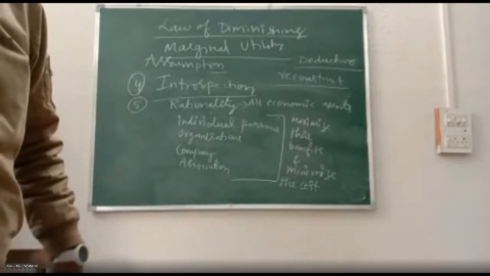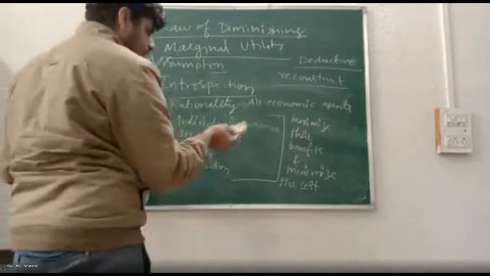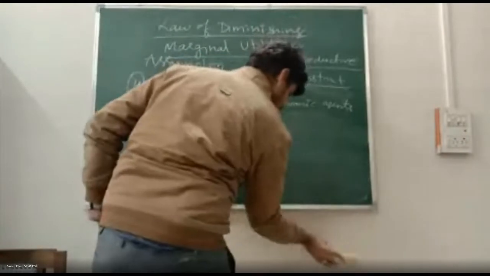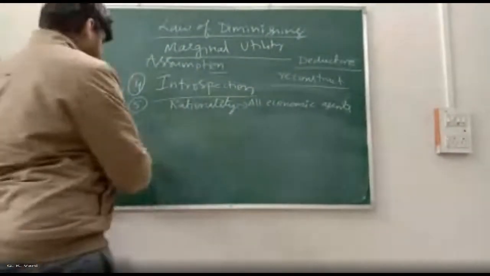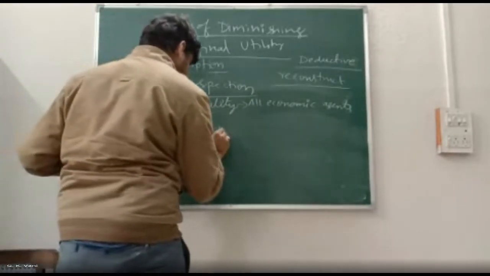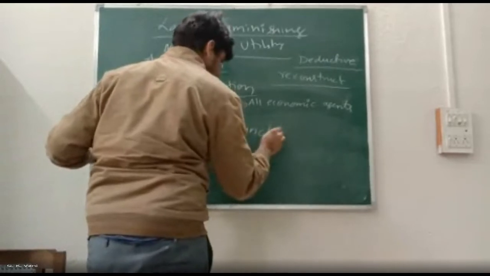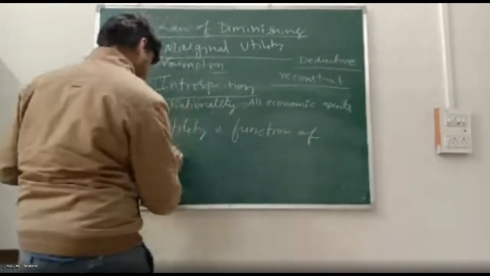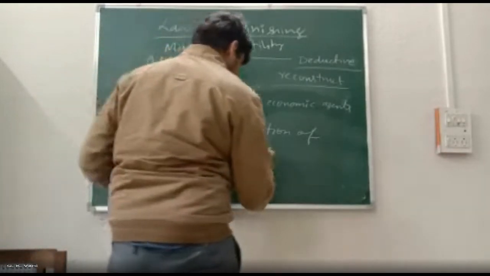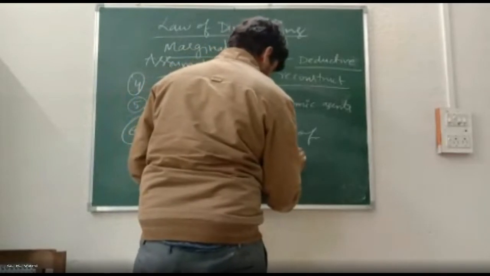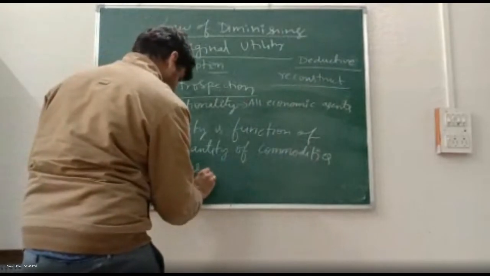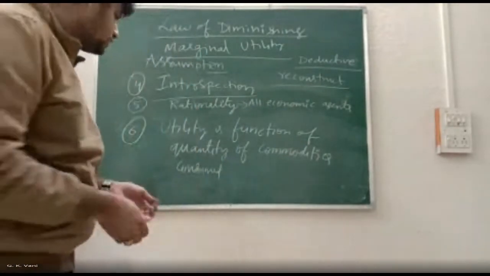And the last assumption, maybe it's not there in many books, but it says that utility is a function of quantity of commodity consumed.